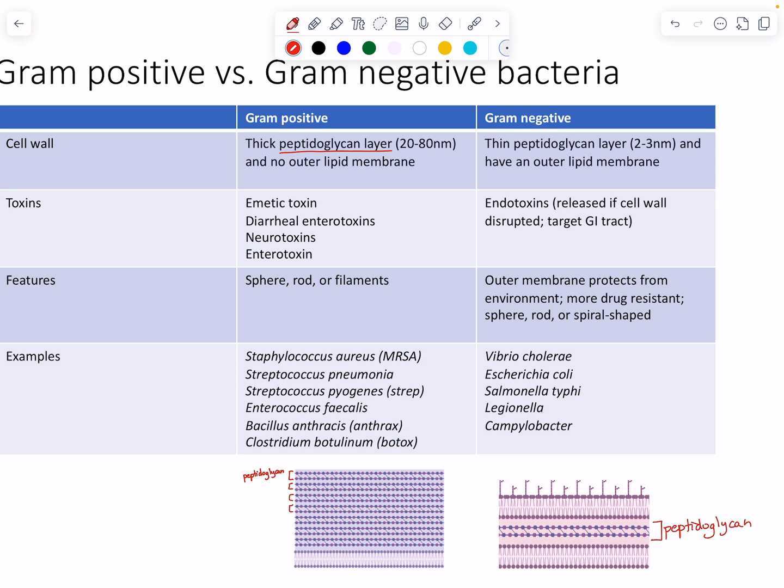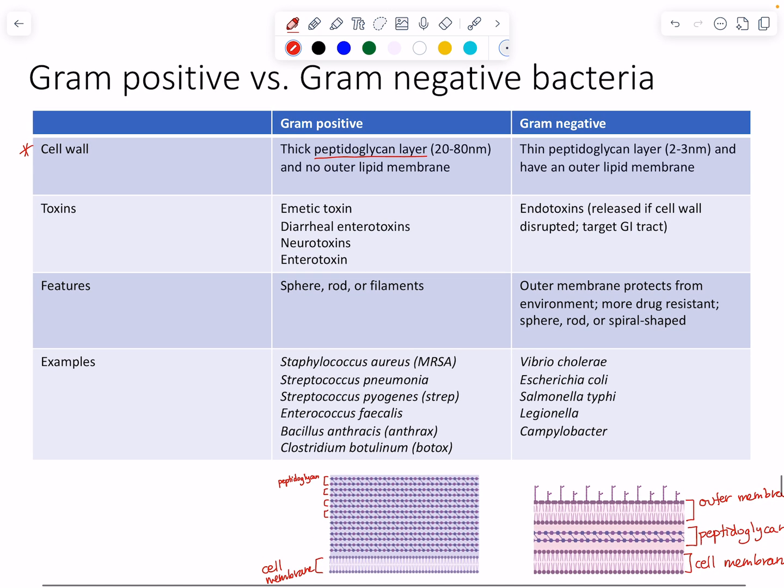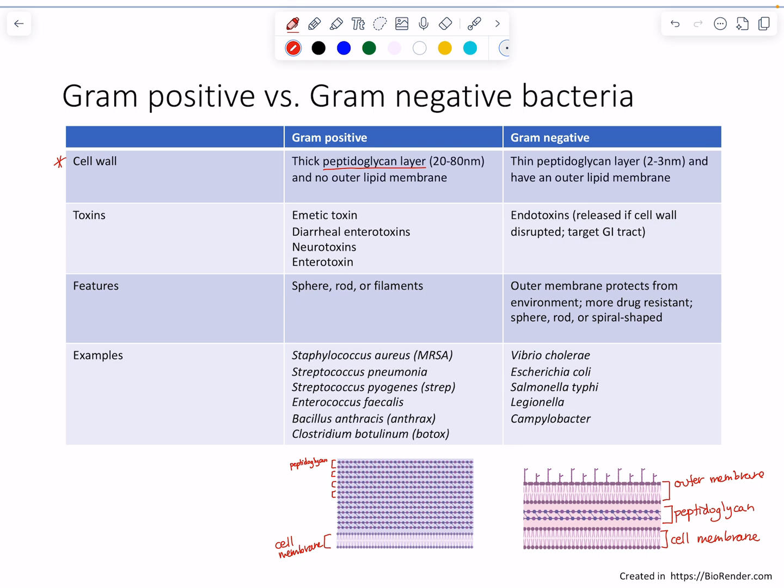So here is the cell membrane in a gram-positive, and here is the outer membrane, and here is the cell membrane in a gram-negative. These two different classes of bacteria have different profiles in terms of pathogenesis.